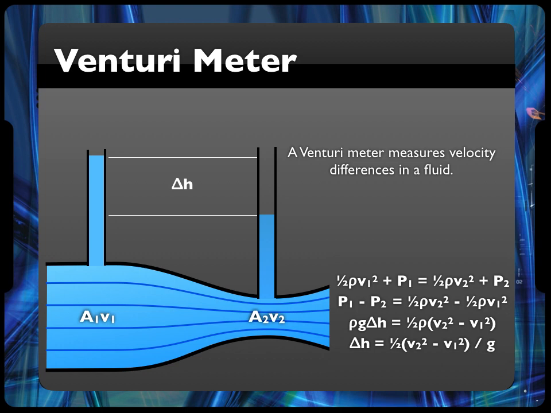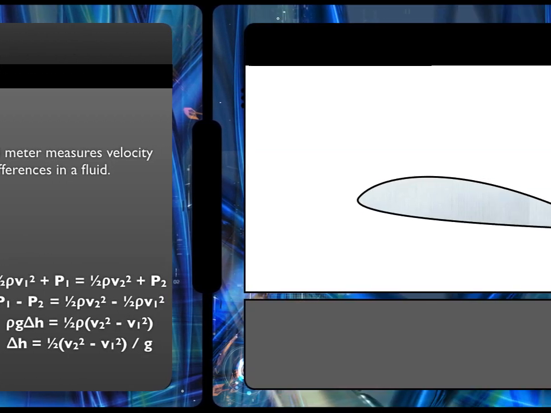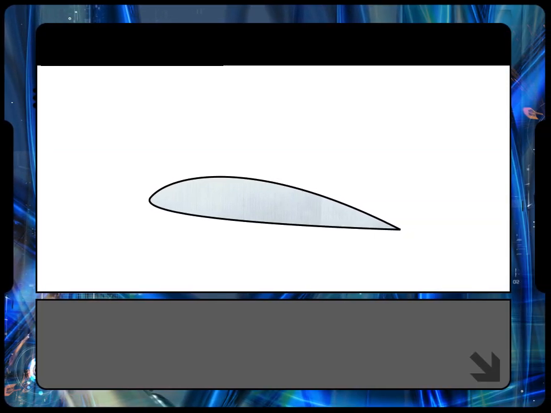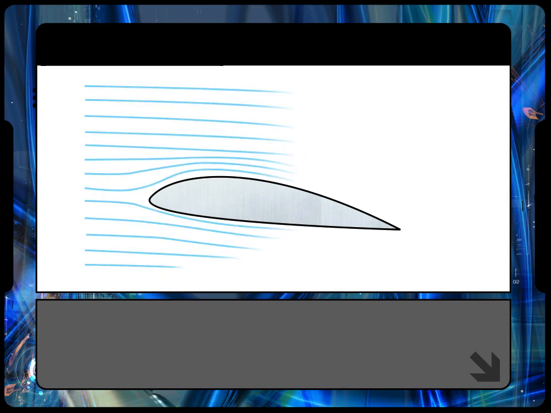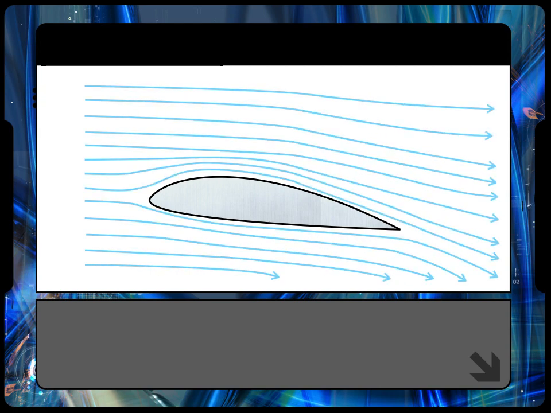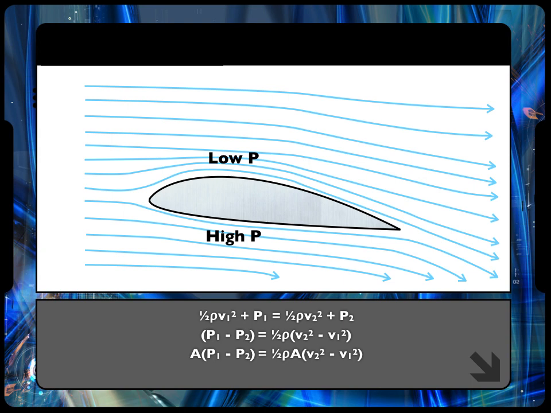That's pretty cool. You've probably heard about airplanes and lift. As air flows over the wing of a plane, there's faster speed air, lower pressure air on top, higher pressure air on the bottom, and you've probably seen it explained something like that. Higher pressure means more collisions per second, more force against the bottom of the wing. And that's kind of right.